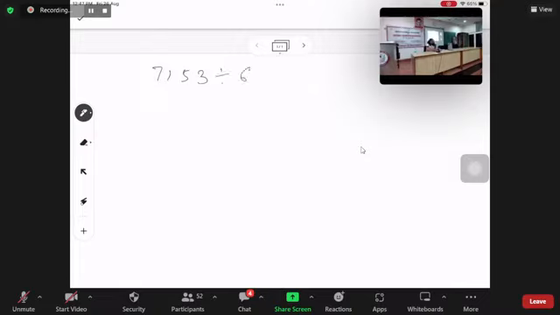I am taking a simple one, then we will take a difficult one. So you first write in Vedic mathematics the same pattern, 7, 1, 5, 3, 5 divided by 6. Okay. Then you draw a line. The first digit is 7. When you divide 7 by 6, 6 ones are 6, remainder is 1. So we write 1 here, the quotient, and the remainder here.